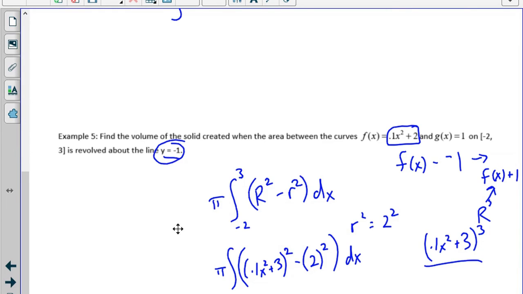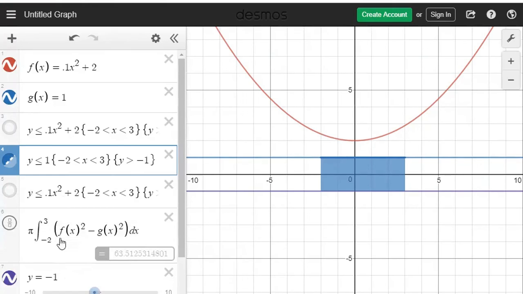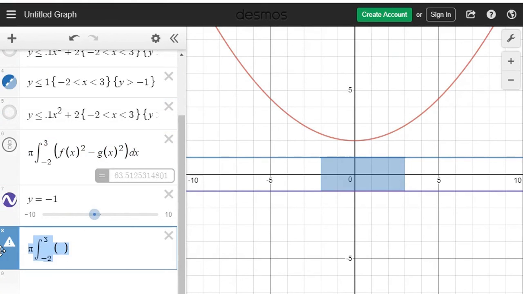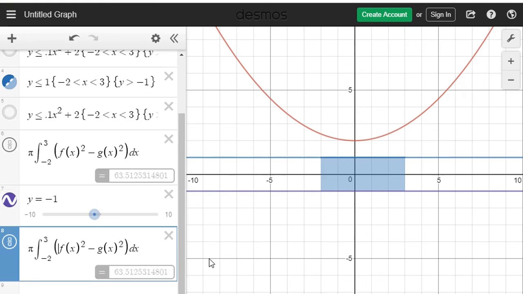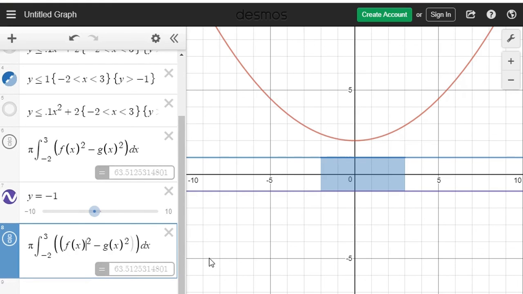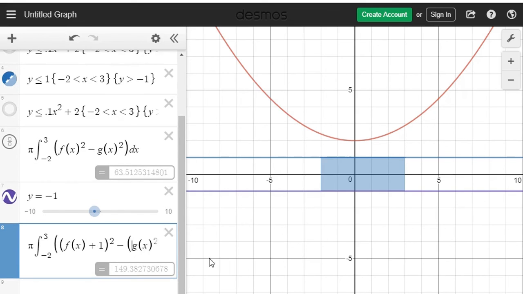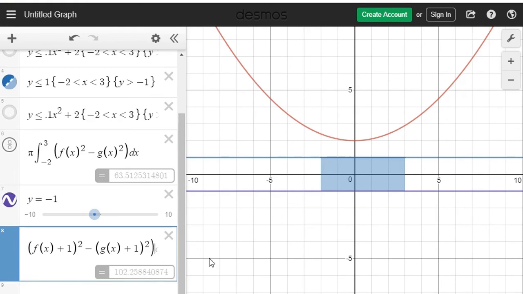It's not like it's mandatorily a calculator problem, but it probably would be a calculator problem on the AP test. So if I look at this, I would have to do f of x minus -1, which is the same thing as f of x plus 1. That quantity is squared. And then if I'm looking at this, I have g of x plus 1. That quantity is squared. And so notice that my volume gets a lot bigger. It's 102.259.